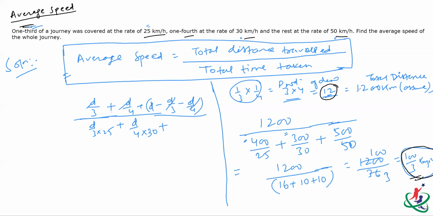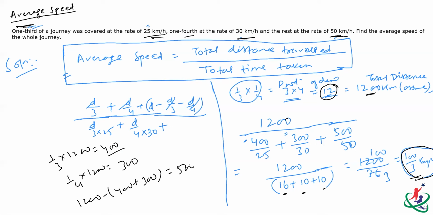We could have taken 600 also, or 120 also, but since the speeds are bigger, I wanted not to deal with fractions. See here, no fraction; 16 you calculate so easily. So assume as big a number as you can. I could have taken 2400 instead. So the total distance you know is 1200, and 1/3 of 1200 is 400. So 400 distance at 25 speed, the time will be 16 hours. 1/4 of 1200 is 300 kilometers at 30 speed, and the remaining is 1200 minus 400 and 300, so 500 at 50. So it is easily calculated. I hope this is now clear, how we took the denominator part.